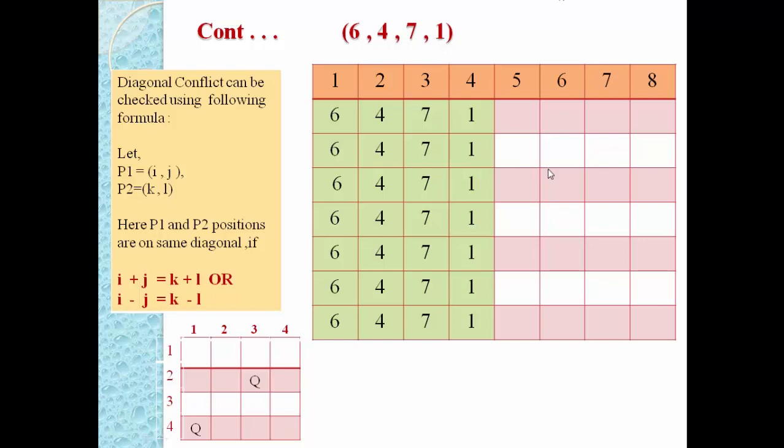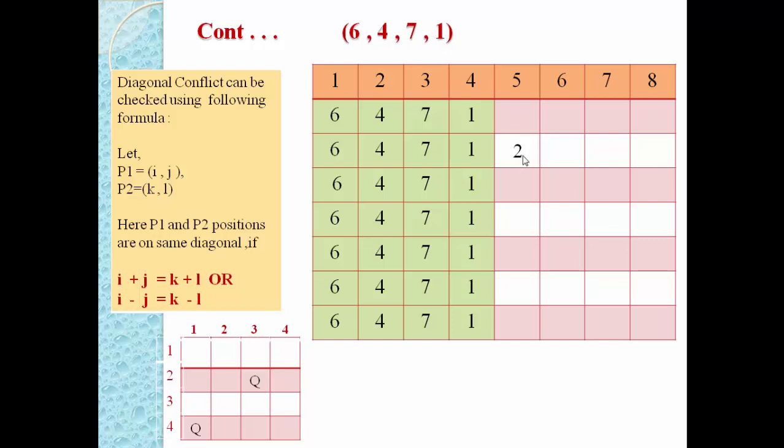Then we need to identify on which column we need to place queen number 5. We cannot place it on column number 1 because the fourth queen is on column number 1. Then we can place it on column number 2 because 2 is not available in this list. So fifth row and second column.